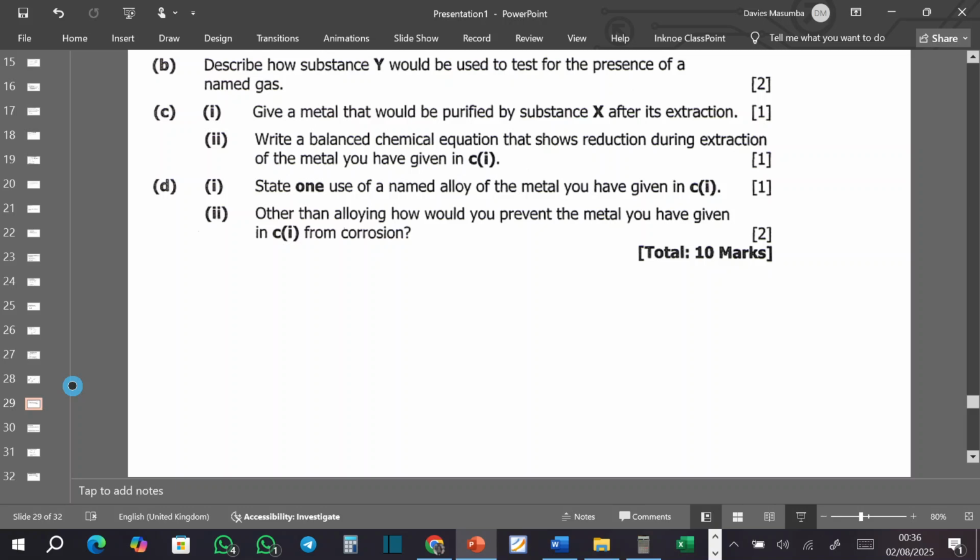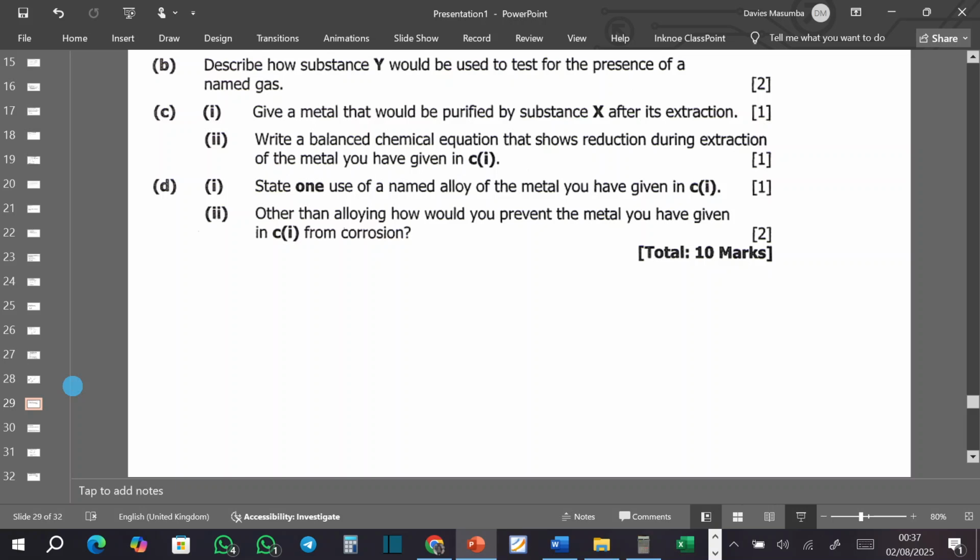Then C, 1. Give a metal that would be purified by substance X after its extraction. Then Roman numeral 2, write a balanced chemical equation that shows reduction during extraction of the metal you have given in C1. So metals are being combined in one question.